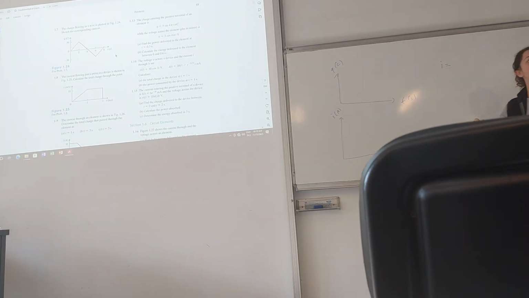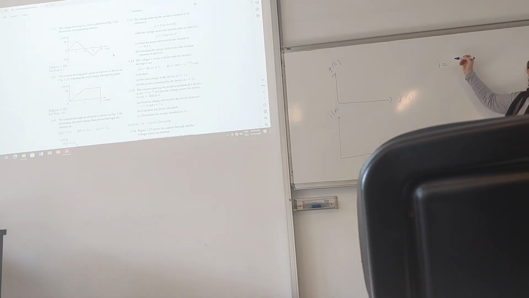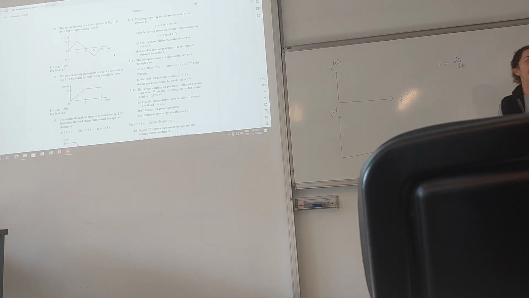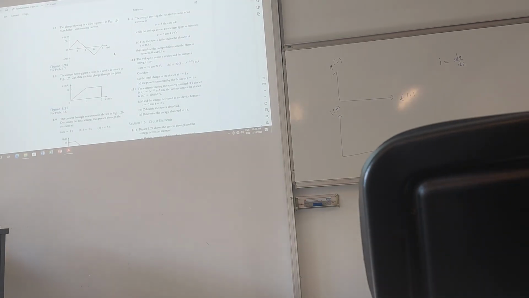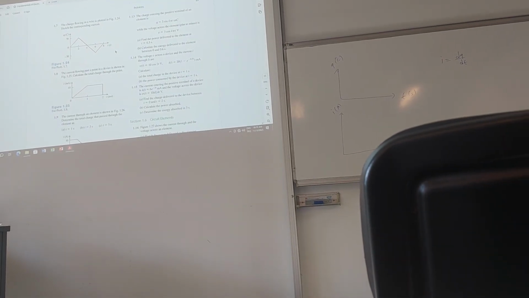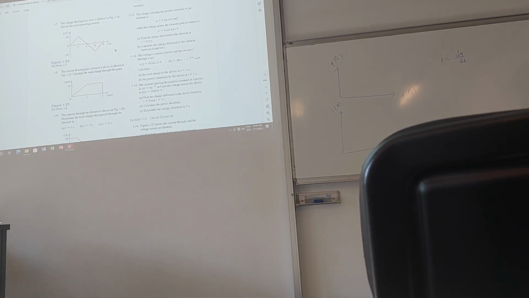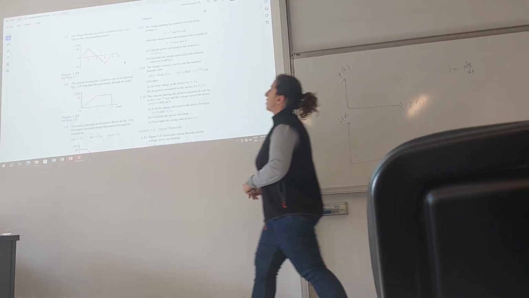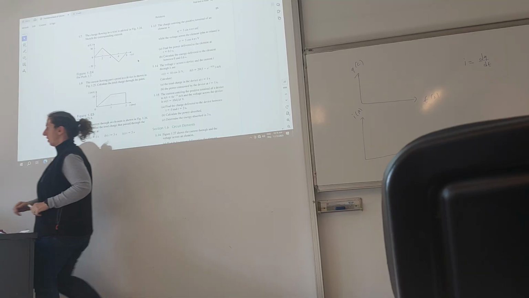What is current? dq over dt. If you have a function and you can take a derivative of that function, what does the derivative actually give you? So if I take the derivative between 0 and 2, what will be the answer?